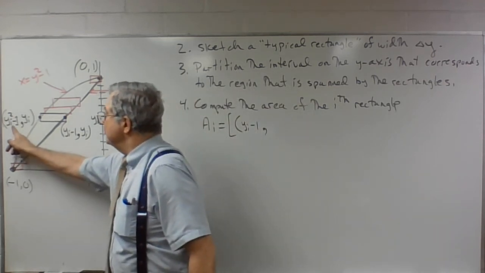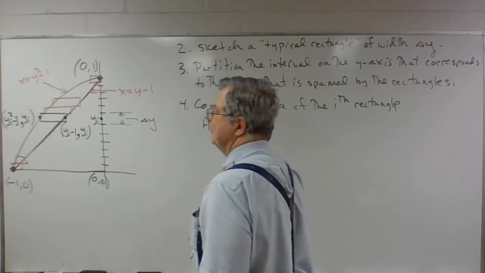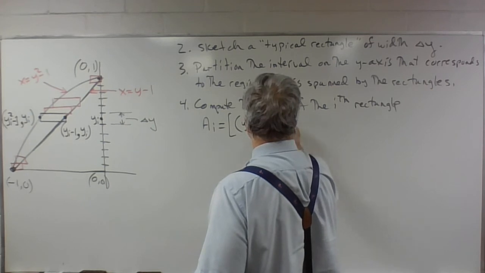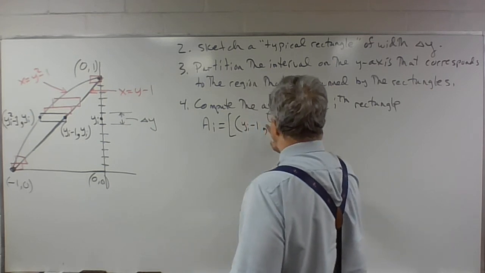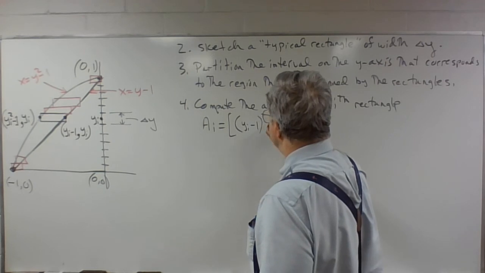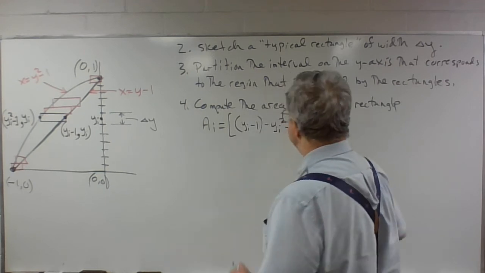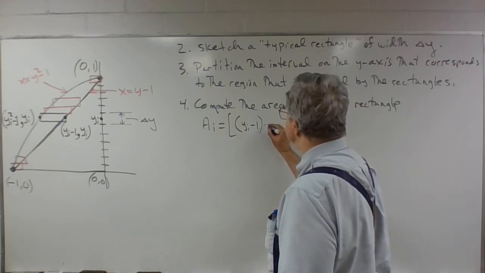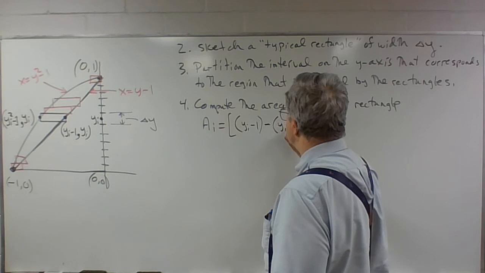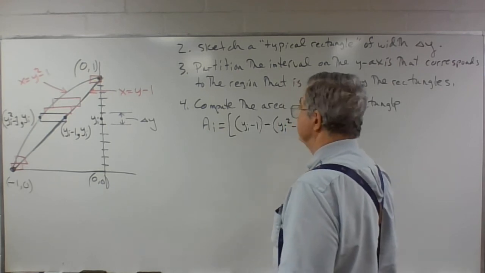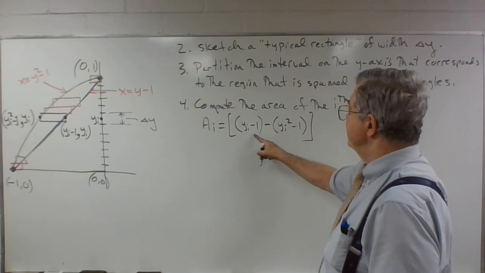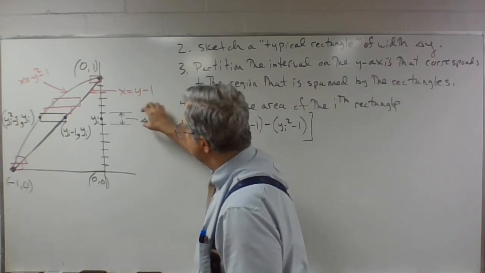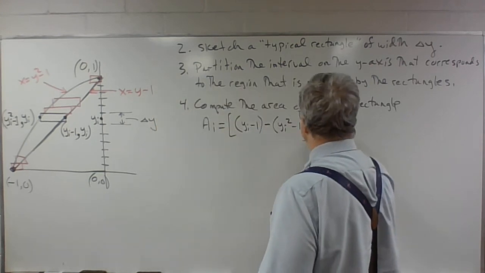The lesser x coordinate, y sub i squared minus 1. Greater x coordinate minus lesser x coordinate times the width, and that's delta y.